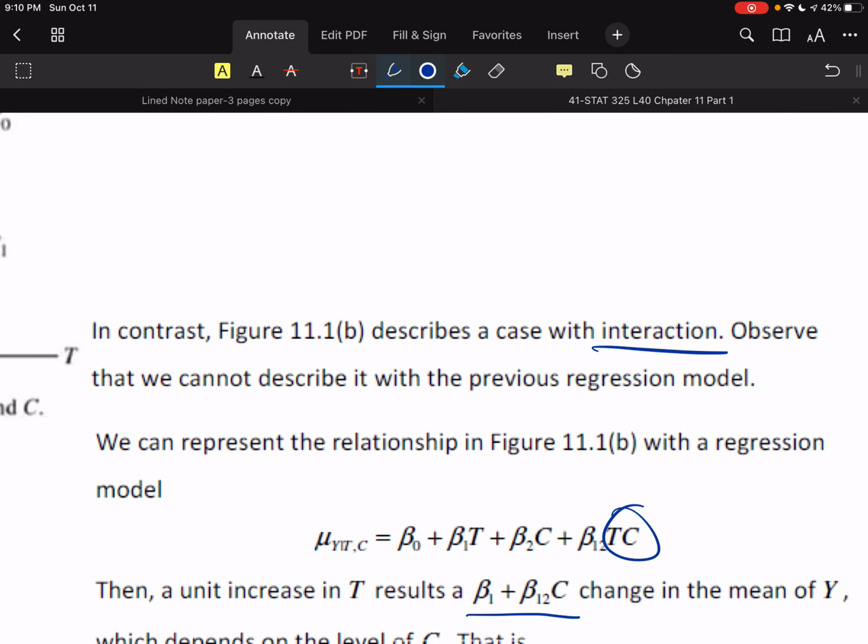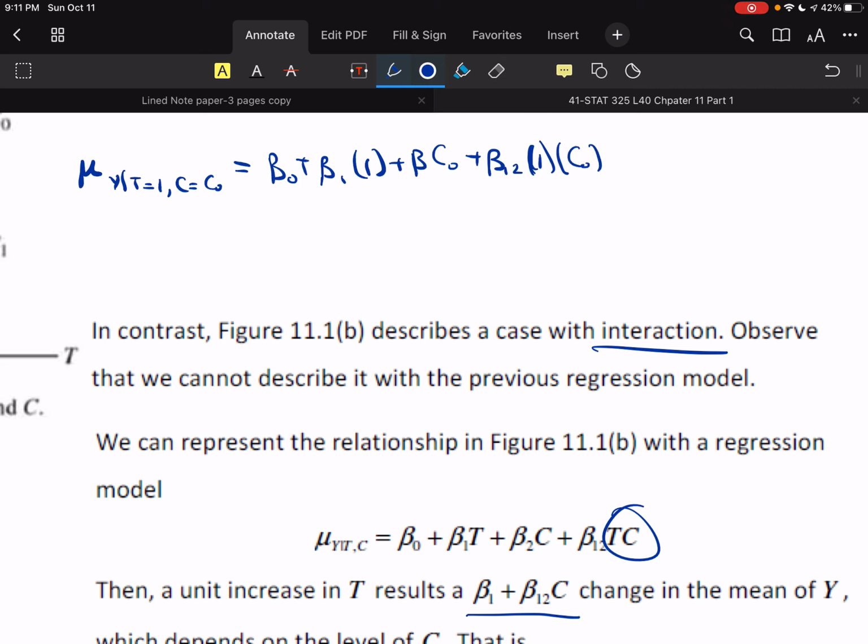What are we saying here? Let mu of y given t equals 1, let's say, and c equals c0, it doesn't matter. That is going to equal beta naught plus beta 1 times 1, plus beta 2 c0, plus beta 1 2, and that is 1 for t, and then c0 for c.